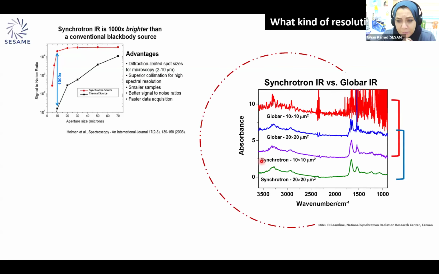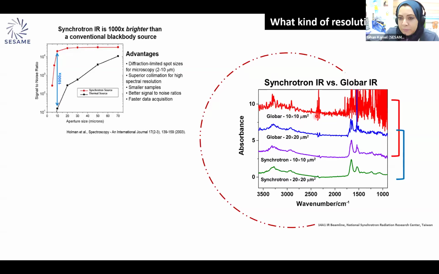If you look at this example, you can see a comparison between the synchrotron infrared versus the globar source. Look at, for example, the red one and the purple one; the red is collected by globar. Whenever you see 10 by 10 micron square, that is the aperture size of the microscope where we are collecting this spectrum.